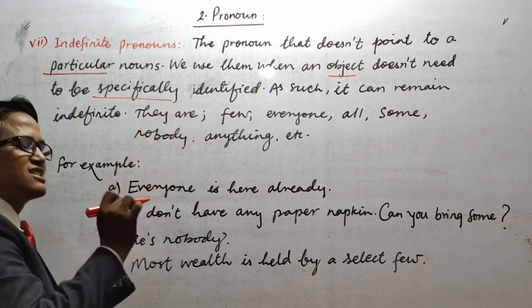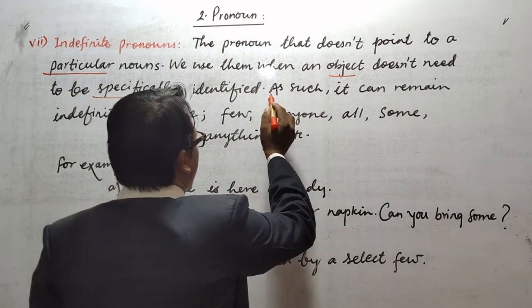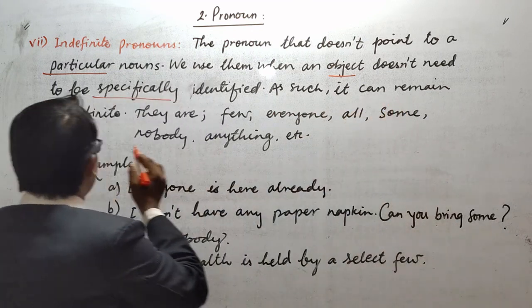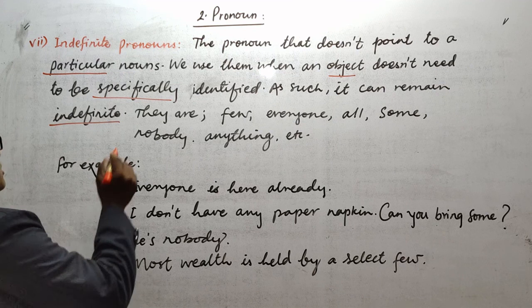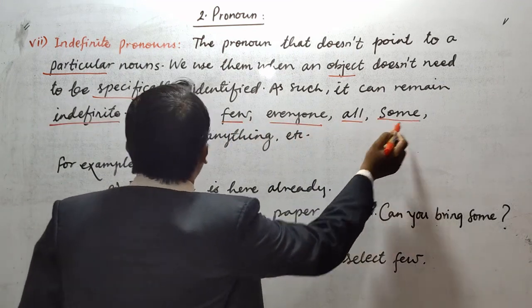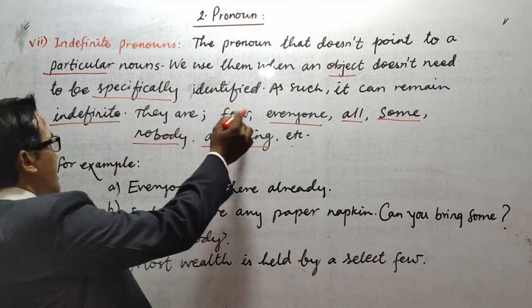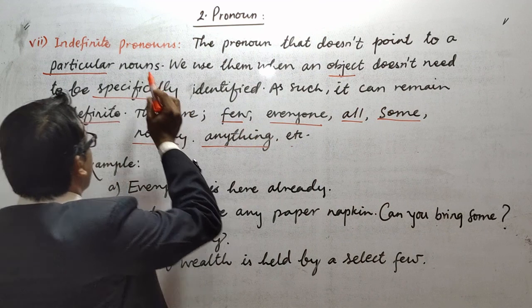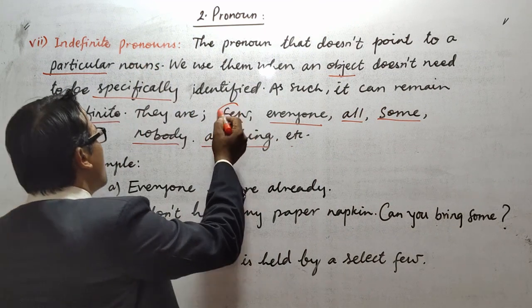So it means this is not identified, and the answer can remain indefinite. So there are few, everyone, all, some, nobody, anything, etc. So these words are pronouns, that is indefinite pronouns.